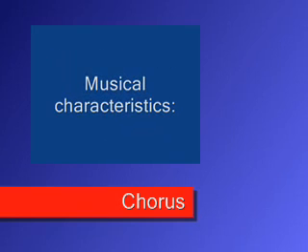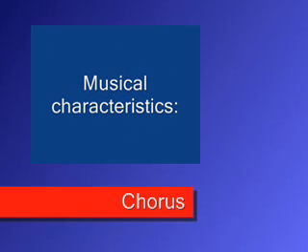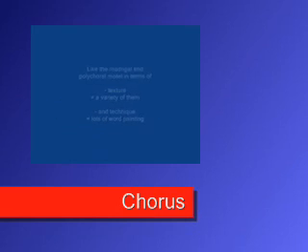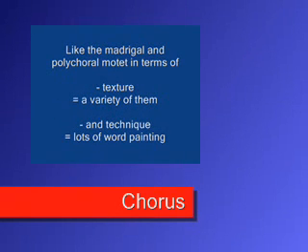The musical characteristics of this kind of operatic music are very easy to describe. In fact, we can use the very same words that we use to describe the musical characteristics of the madrigal and the polychoral motet, if we take a look at its texture and at its technique.